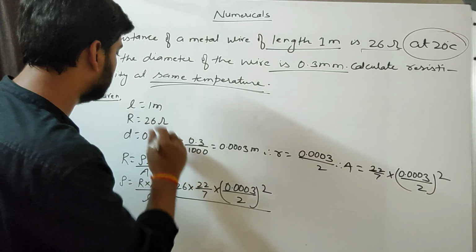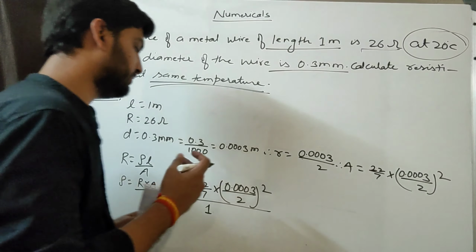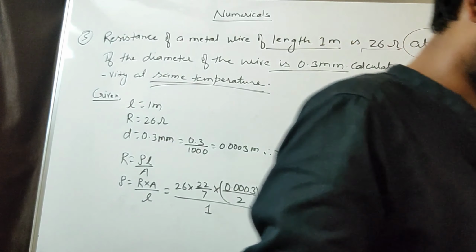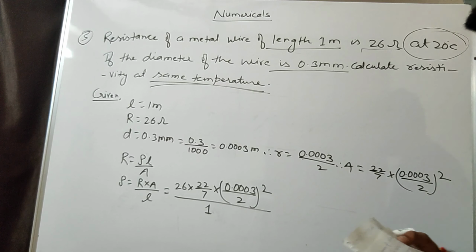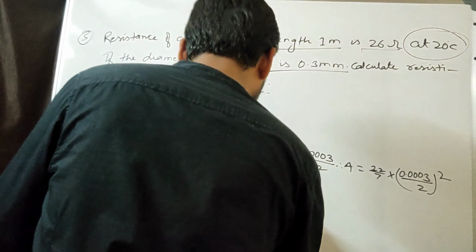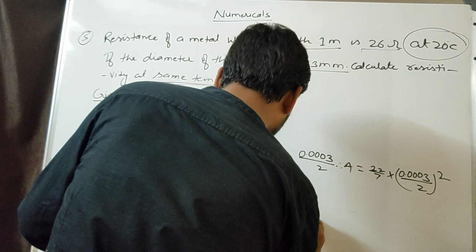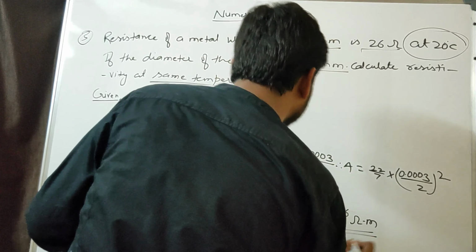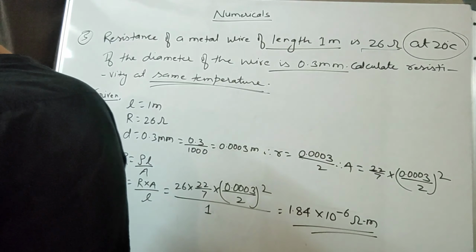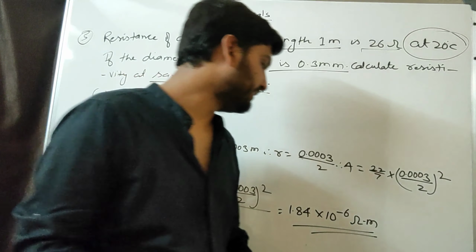What is length? 1 meter. Divided by 1 means there is nothing in the denominator, you just have to calculate the numerator. When you calculate this, you will get 1.84 into 10 to the power minus 6 ohm meter. This is the answer.